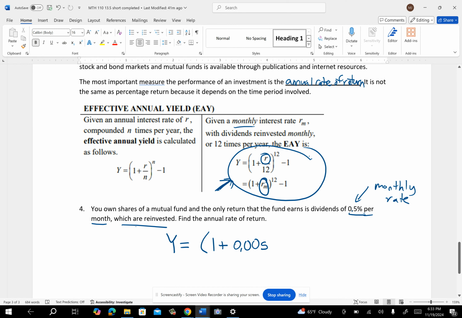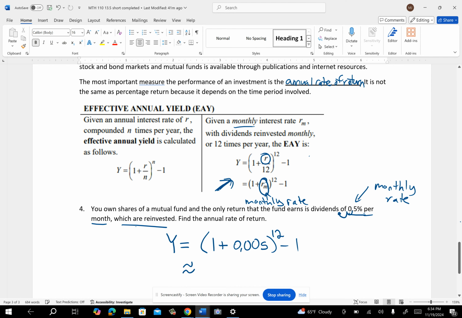I'm going to change that into a decimal by moving the decimal 2 places to the left. I'm putting that in place of the rate with that little m, which means monthly. Okay, so this right here is the monthly interest rate. Okay, so it says to put in the monthly rate. You're going to raise that to the 12th power and then subtract 1.